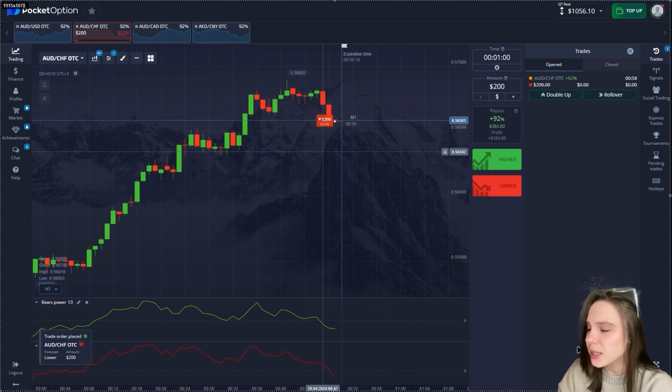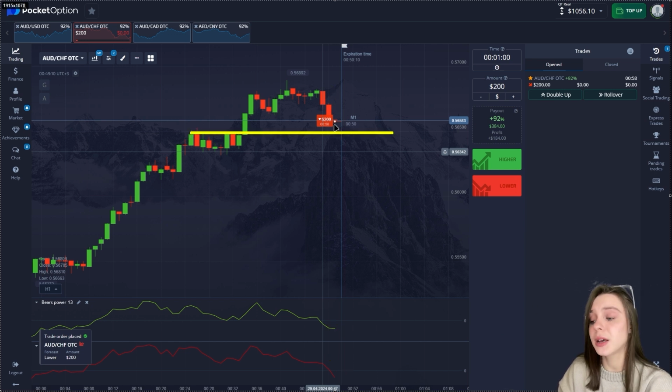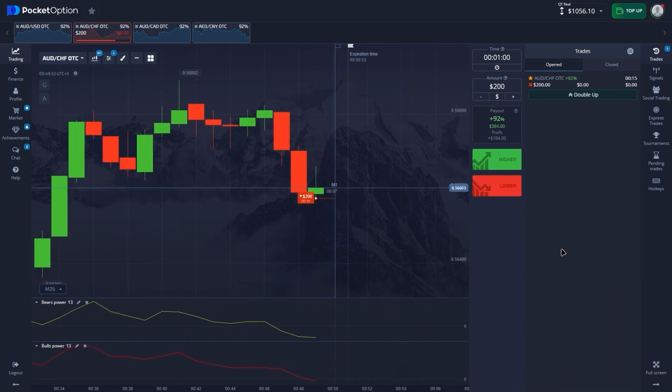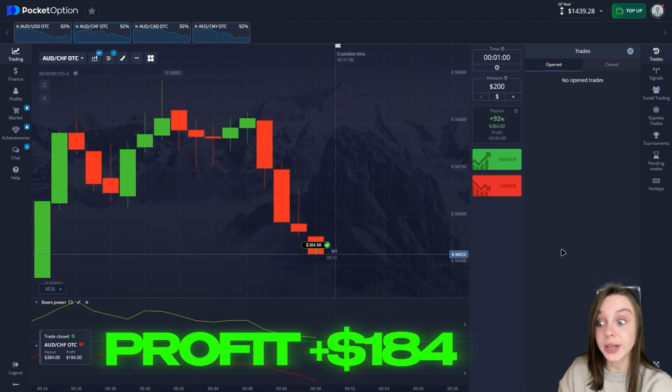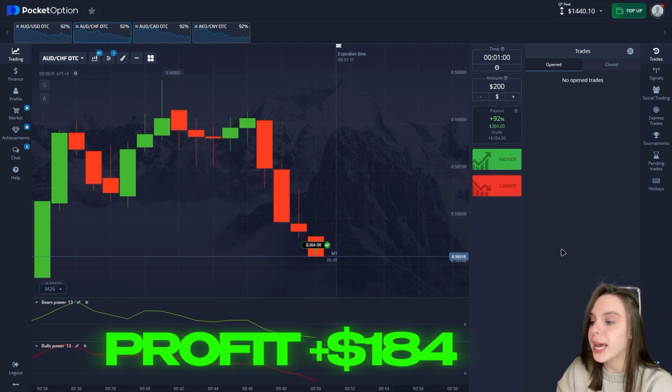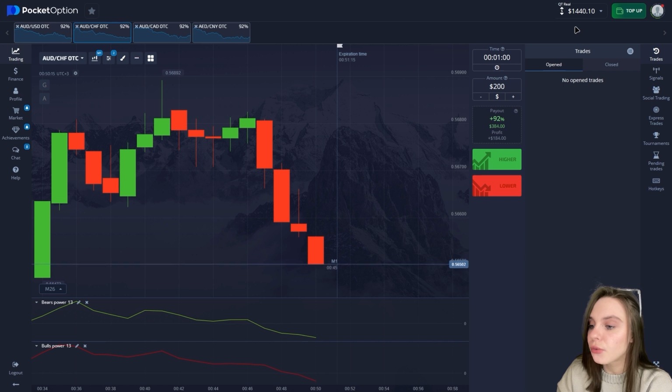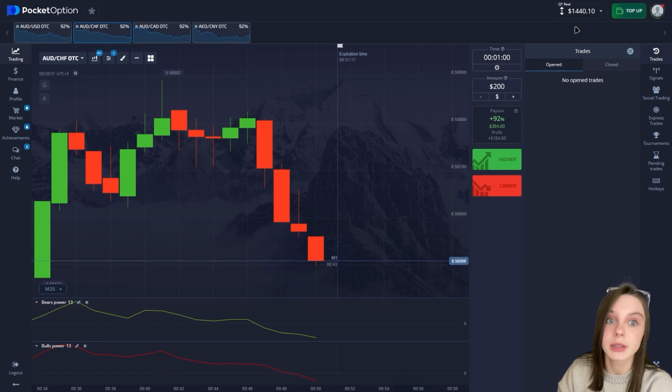Then if we highlight the support area, we haven't seen it reached yet, so the achievement zone we have. Therefore, we can safely open for a decline. So let's look at our chart, guys. Perfectly. This transaction is closing in plus, and our balance is already $1,440 and 10 cents.